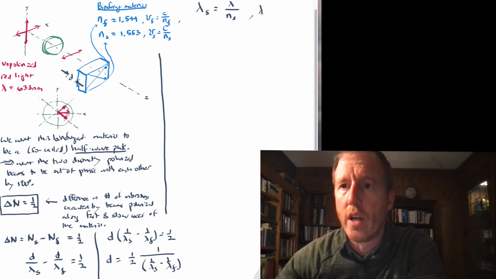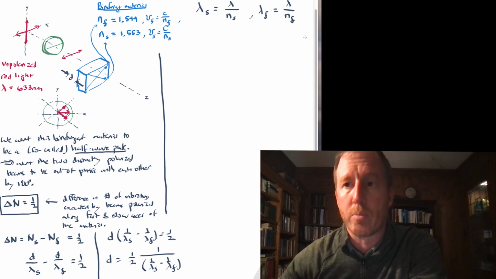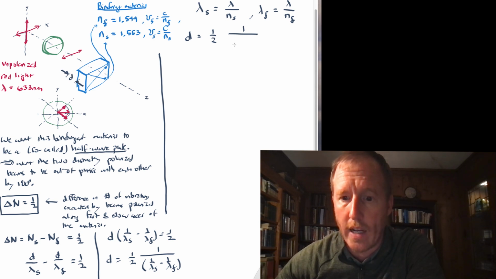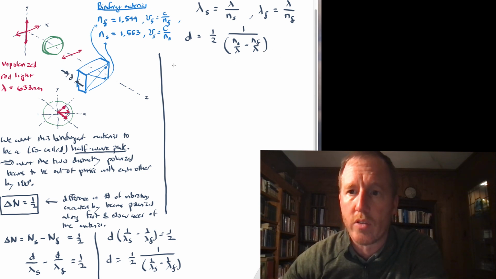And likewise, the wavelength for the wave traveling along the fast axis is going to be the wavelength in air divided by the refractive index of a beam that is polarized along the fast axis. So we can plug those into our formula, say d equals 1/2 of 1 over (n sub s over lambda minus n sub f over lambda), by substituting those into our previous formula.